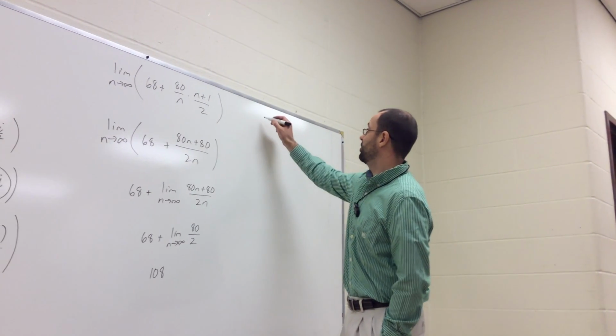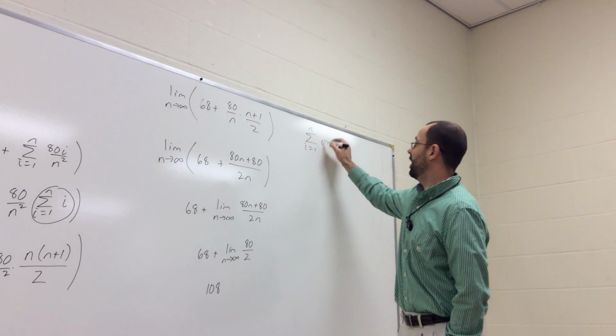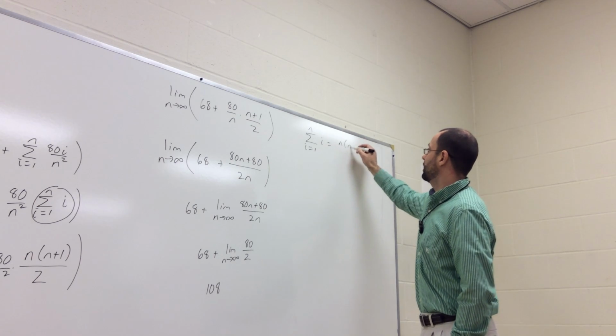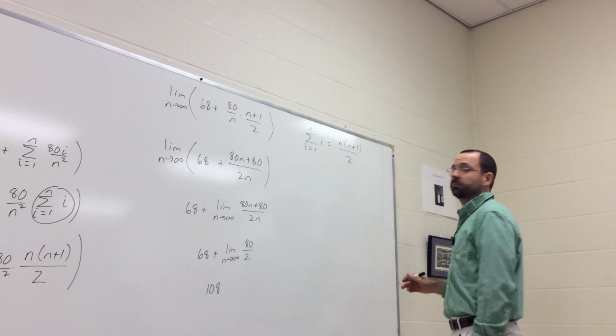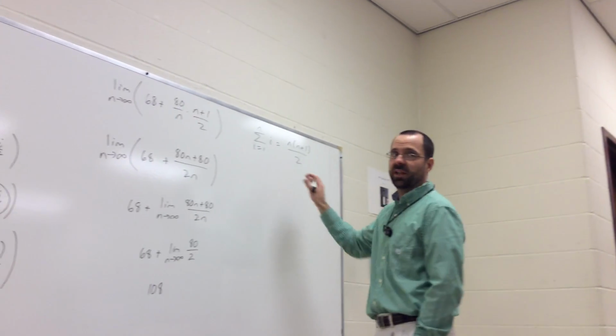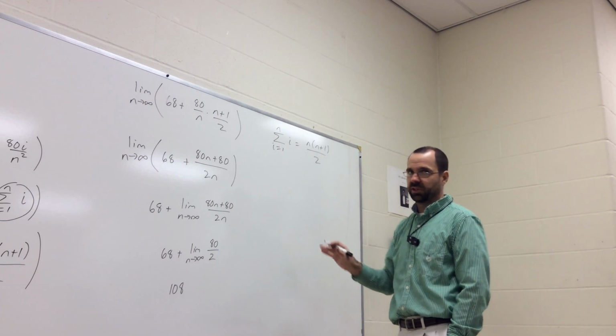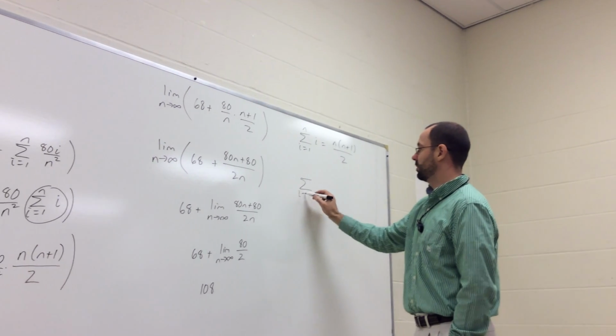Okay, so now I need to make sure you have this formula written down that we used. Sum i equals 1 to n of i is n times n plus 1 over 2. I still will probably have time to show you where that comes from, but I'm going to leave it till the very end. You also might need this formula.